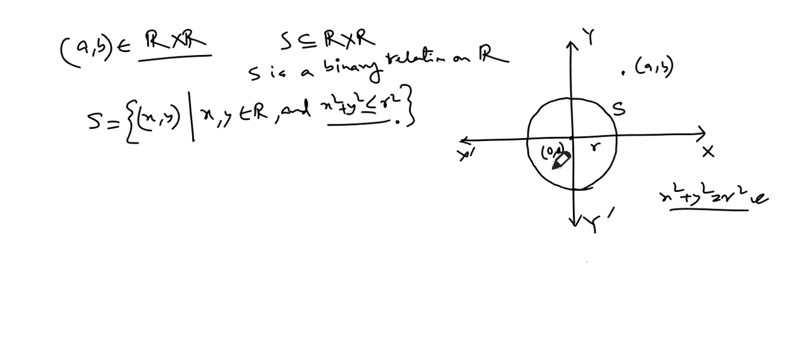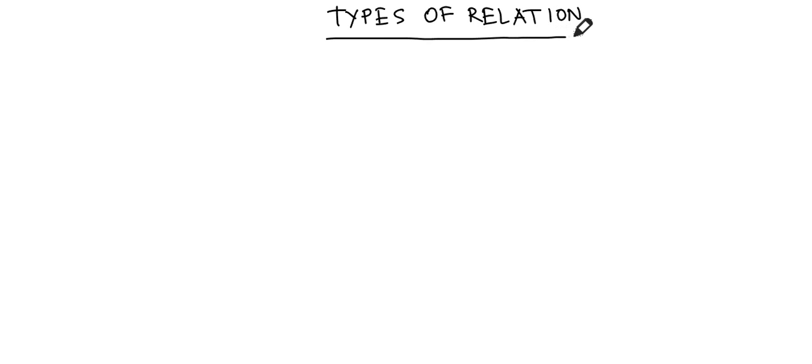Now we go to types of relations. How many types of relations are there? There are three types of relation.